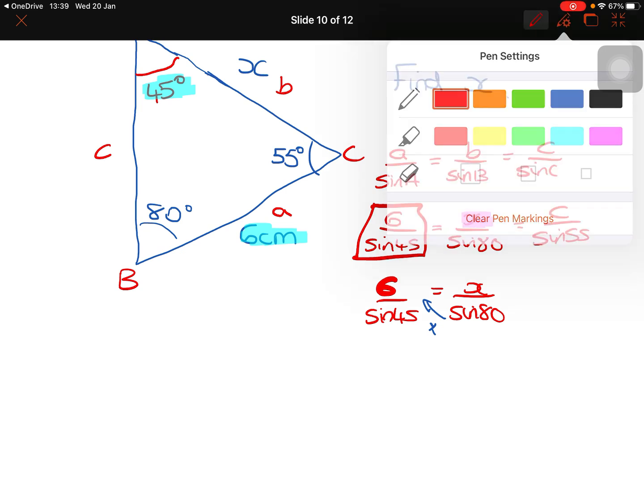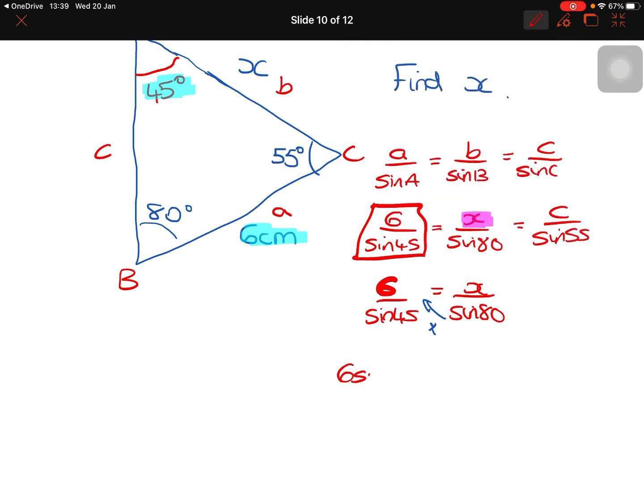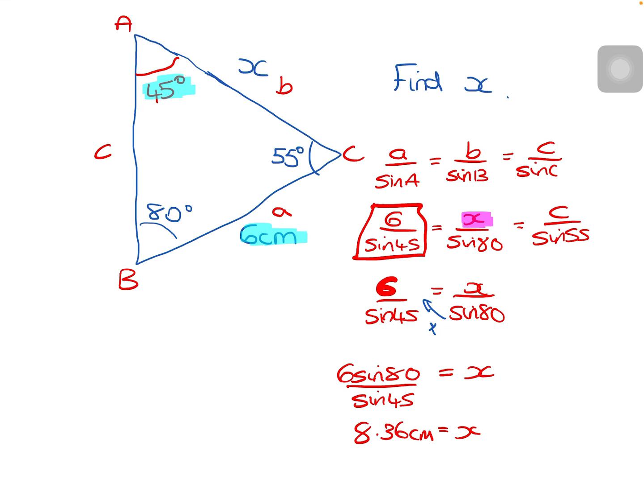So I'll multiply that up, and I'll be left with 6 sine 80 over sine 45 equals x. We go straight through our calculators, so we'll have 6 sine of 80 divided by sine of 45, and we can get our answer at 8.36 centimetres.